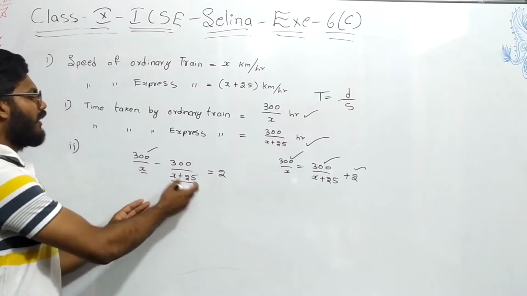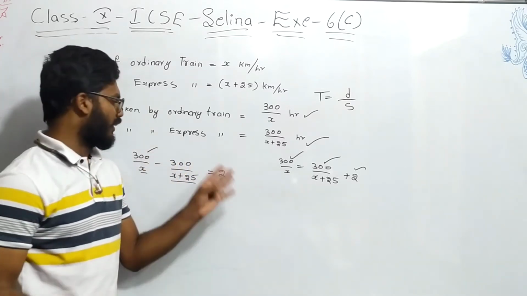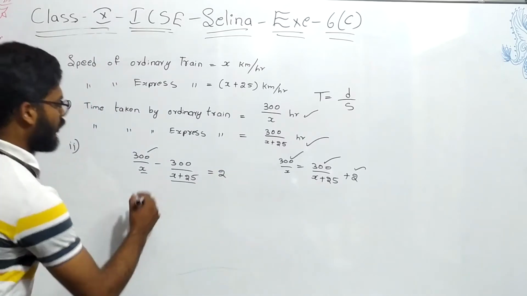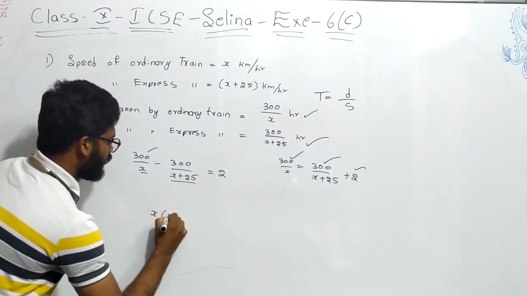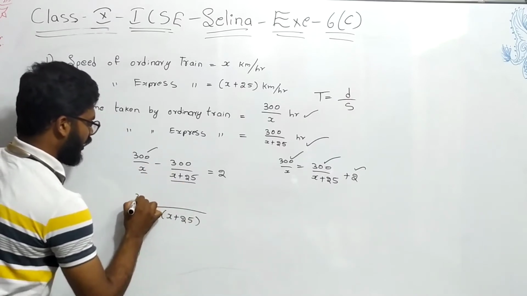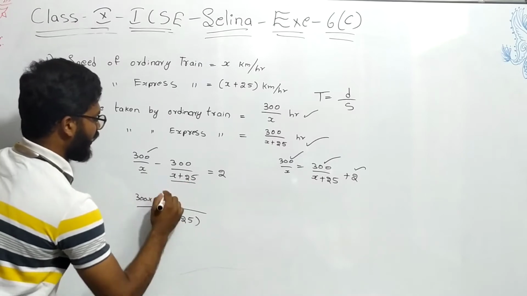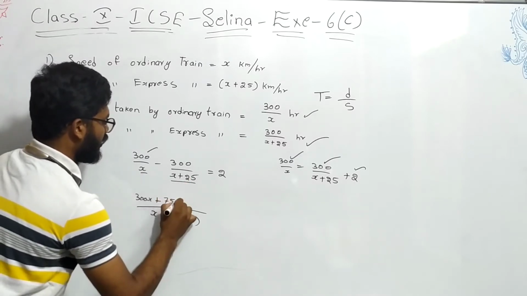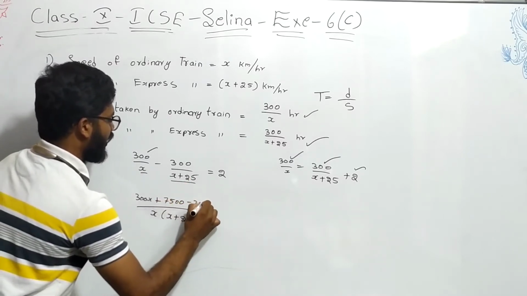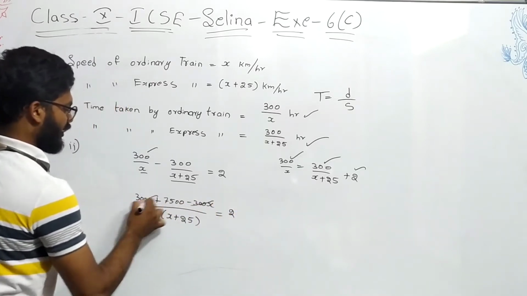If you write 300 by x plus 25 minus 300 by x, it is a negative number and this is not correct. So take LCM: x into x plus 25 is equal to 300x plus 300 into 25. 25 times 3 is 75, so 7500, minus 300x is equal to 2. So these two will get cancelled.